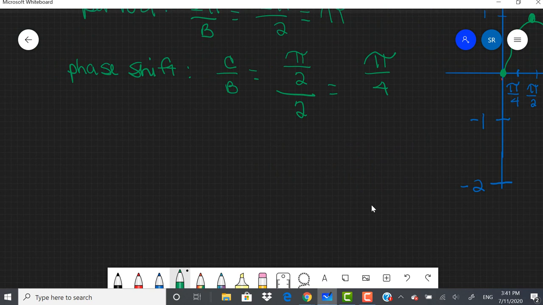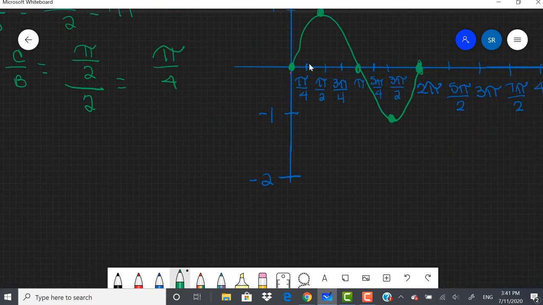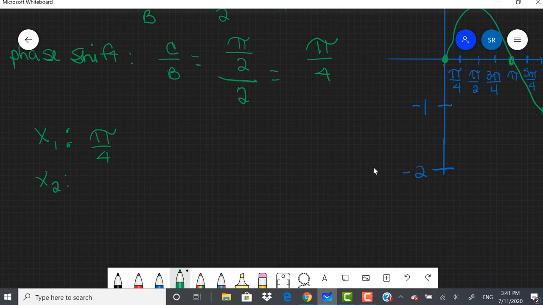So my first point that I'm going to start off with is at pi over 4. To figure out my next point, we notice I have pi as how much 1 cycle is, and I'm starting here at pi over 4, and I still want 4 more points. So I want that pi distance divided by 4. So what's pi divided by 4? Just pi over 4.